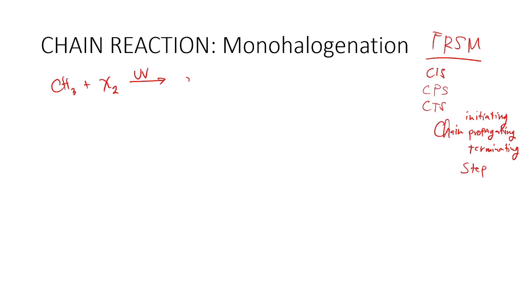So, this will actually produce what we call CH3X or monohalomethane, or we can call this monomethyl halide. And also, we will have here our hydrogen halide.